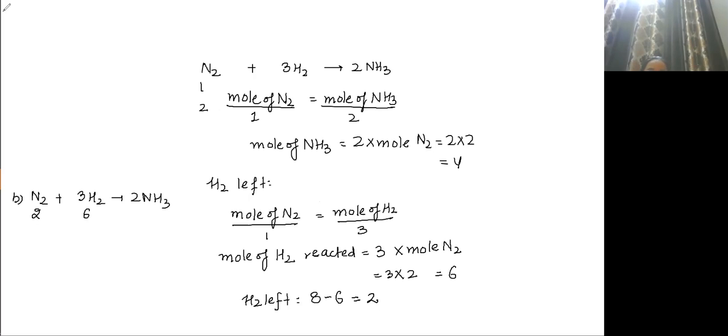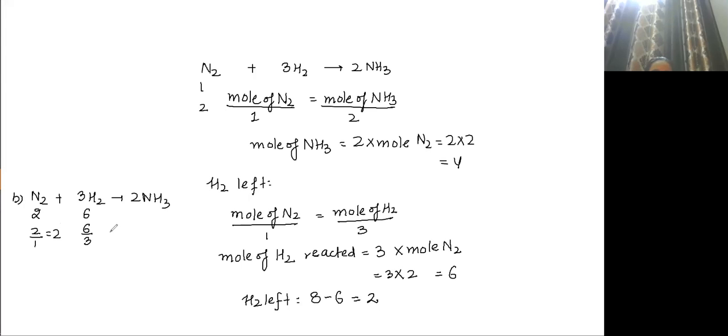Yes, tell me. Good, Krishna. What about others? How will you find out LR, ER? This is 2, so 2 divided by 1, and this is 6 divided by 3. How to find out LR and ER? Moles divided by the stoichiometric coefficient.